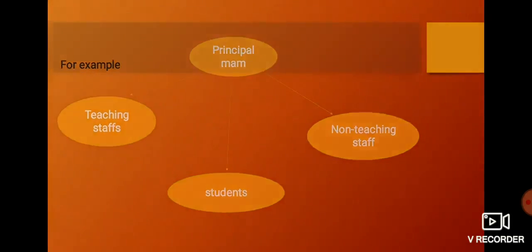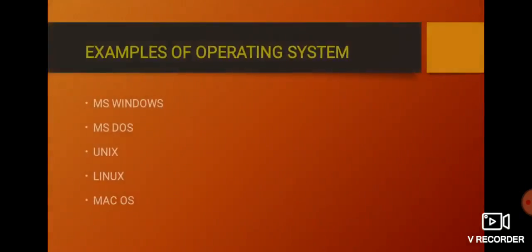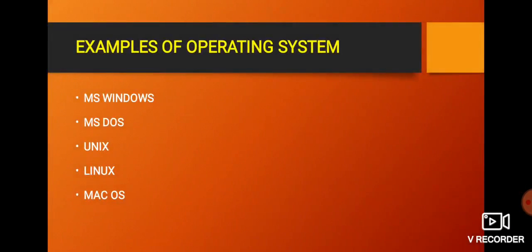There are many operating systems. In our book we are given five: MS Windows, MS-DOS, Unix, Linux and Mac OS. The first one mentioned, MS Windows, is the most popular system software in the world.